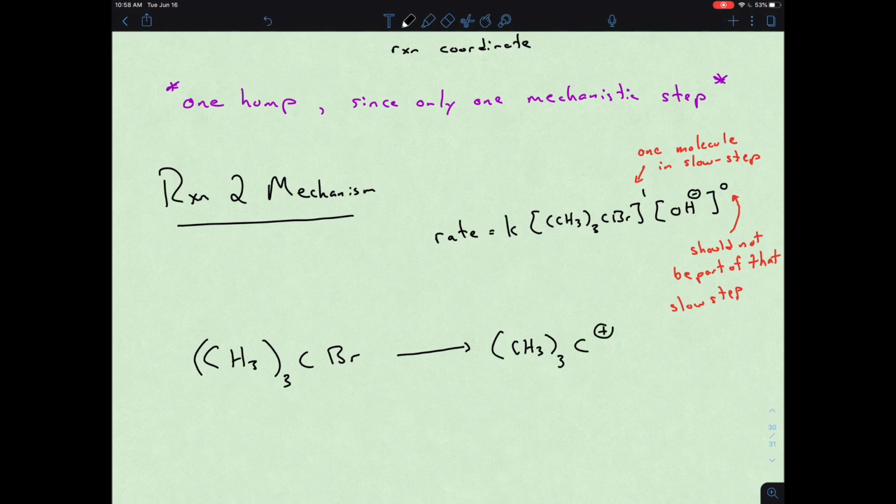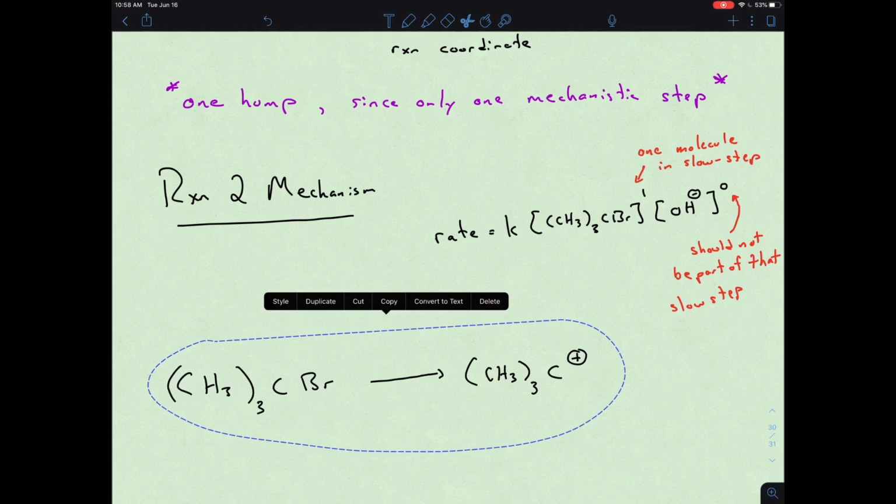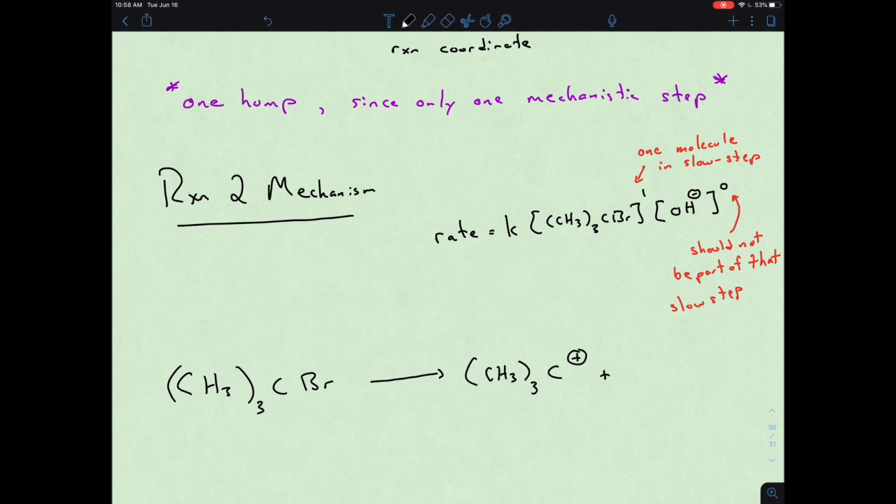And we generate a carbon that is positive, as well as our bromide molecule or ion.